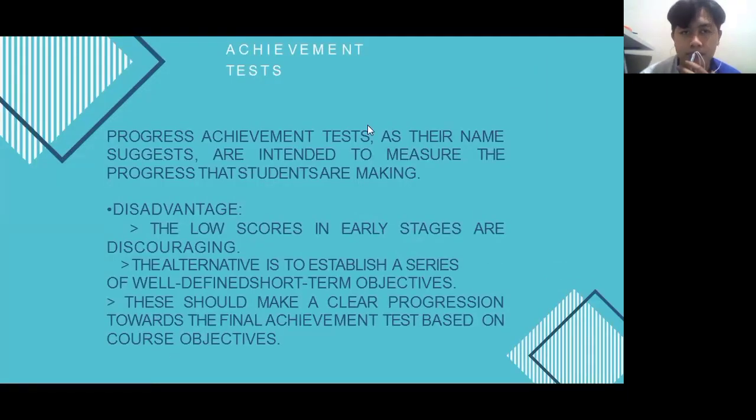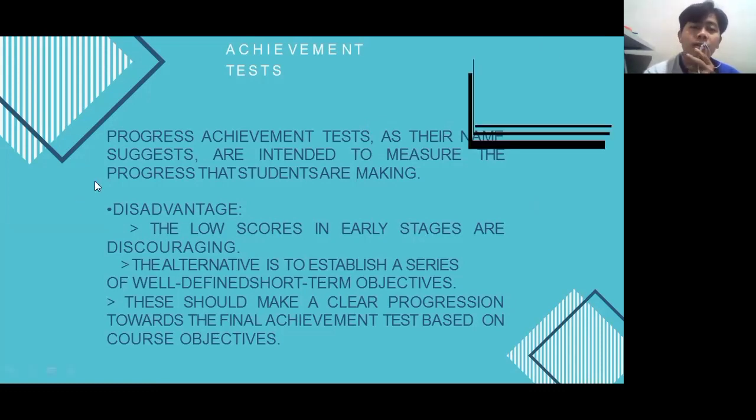Progress achievement tests, as their names suggest, are intended to measure the progress that students are making. Disadvantage: first, low scores in the early stage are discouraging.